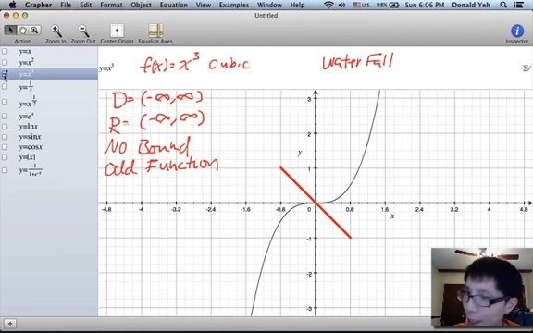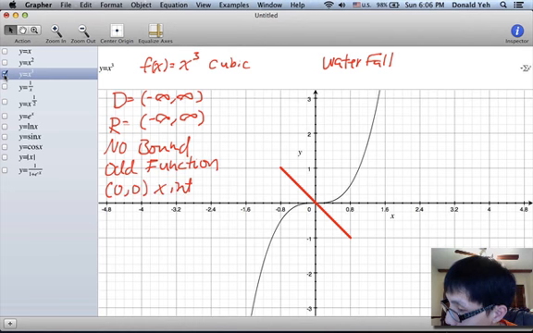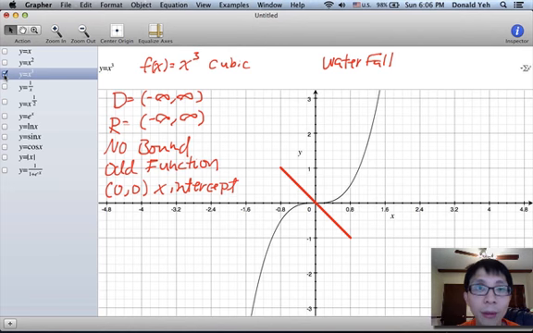Where's the x-intercept? The x-intercept is at 0, 0, or the center or origin is at 0, 0, and the shift is going from there, from that x-intercept.